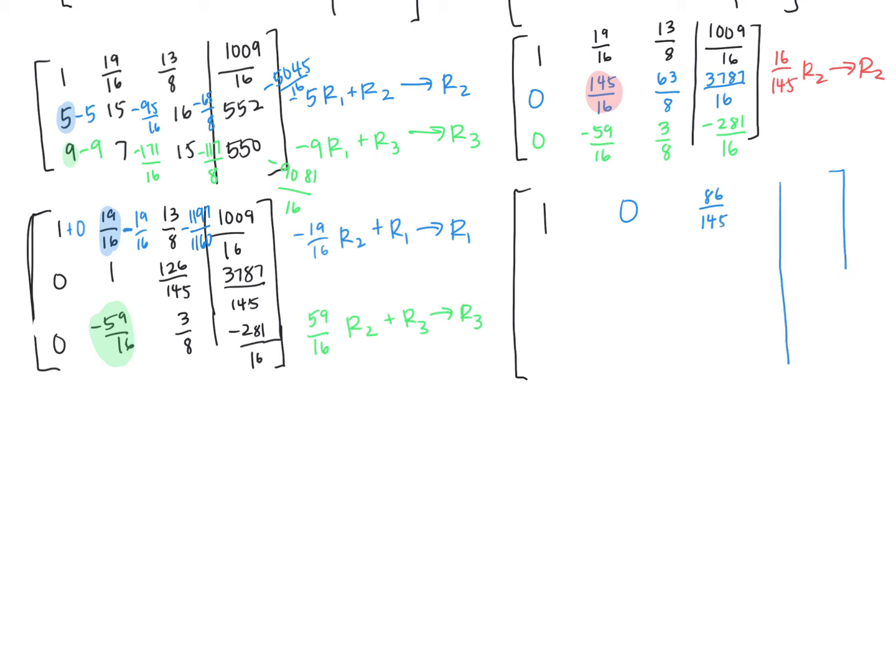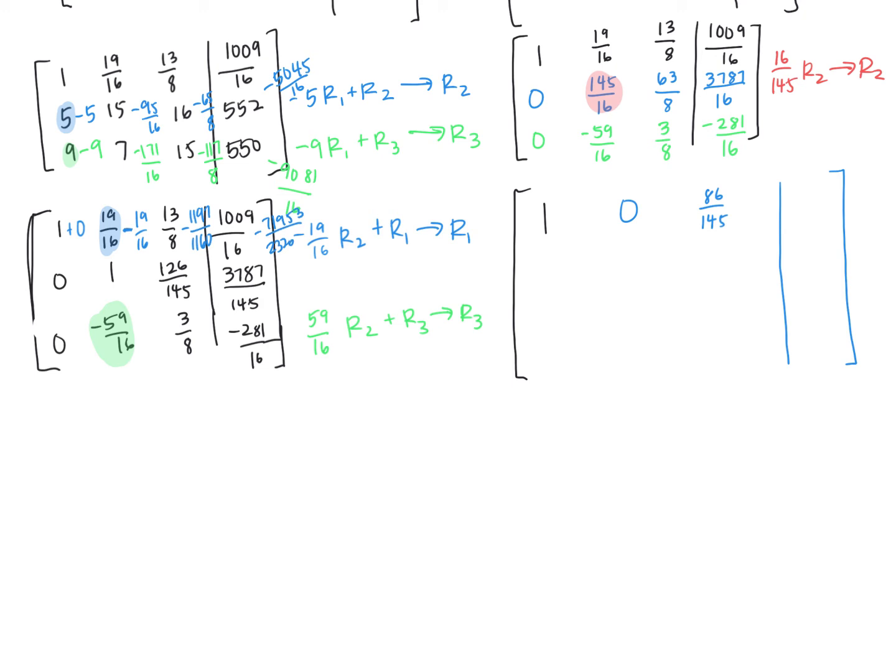Okay. And then we have to do the last element. So 3787/145 times a negative 19/16. We get negative 71,953 over 2320.